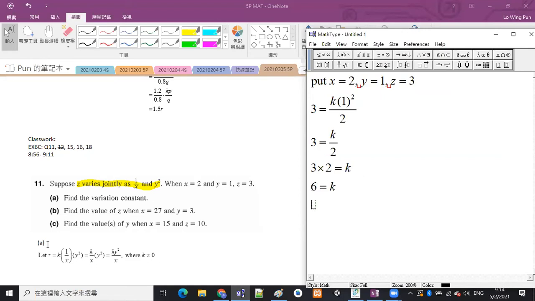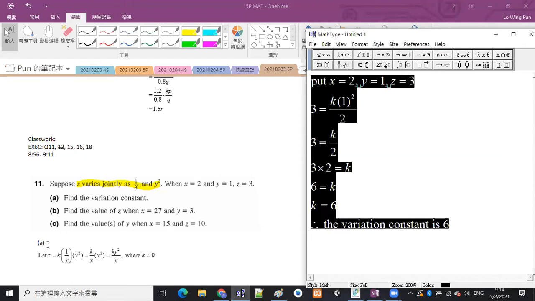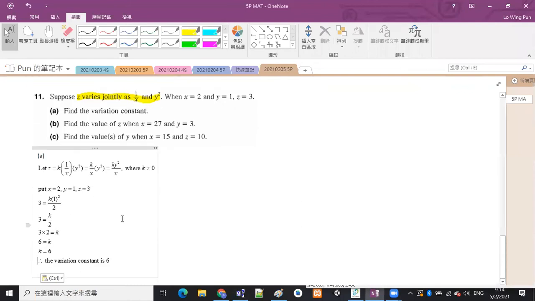It becomes 6, so k is equal to 6. And in part A, the question just asks you to find the variation constant. And this is the variation constant, which is 6. Okay, so the answer is 6 in part A.